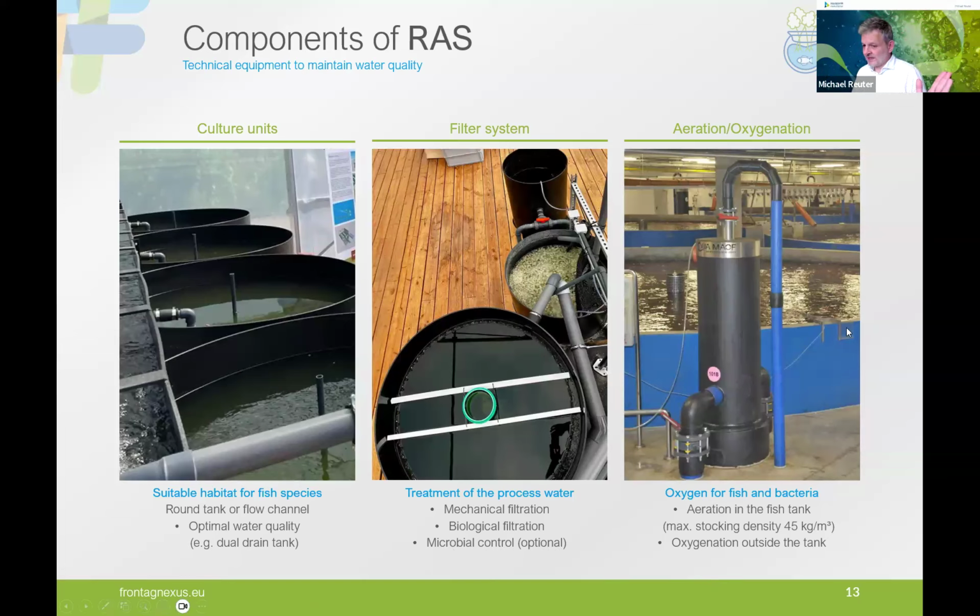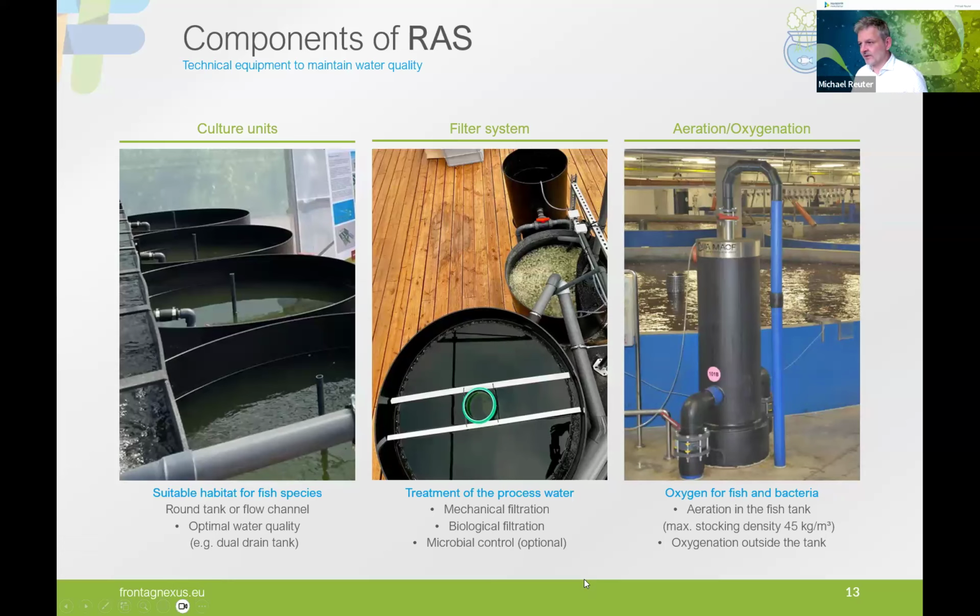And then we would have something like oxygenation or aeration. Also, this depends on the fish density in our system. If we don't exceed 45 kilograms per cubic meter approximately, we can get away with aeration, so only pumping air into the system with air stones or some other device to transfer air into water.